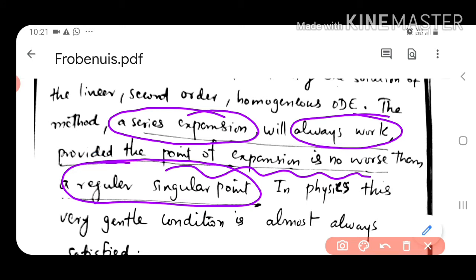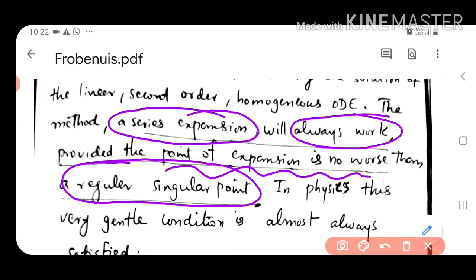Last class we were discussing ordinary point, singular point, regular singular point, and irregular singular point of a differential equation. In the series expansion, we use a point for the expansion, and for this method to work that point has to be an ordinary point, or if it is a singular point, it has to be a regular singular point.